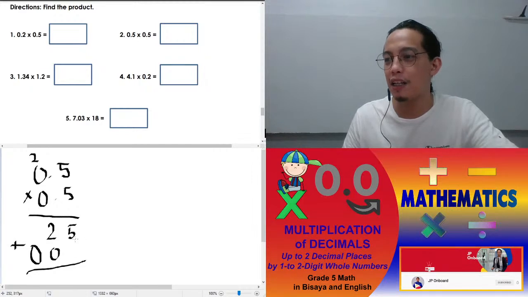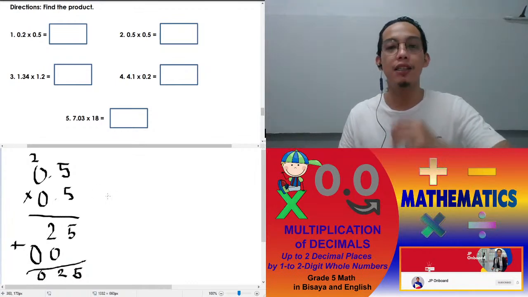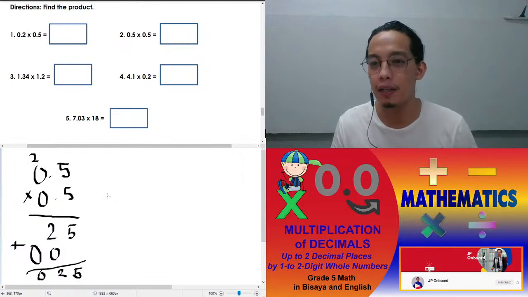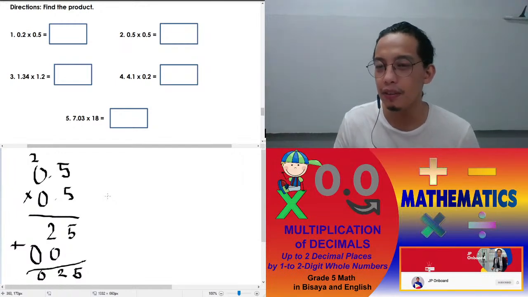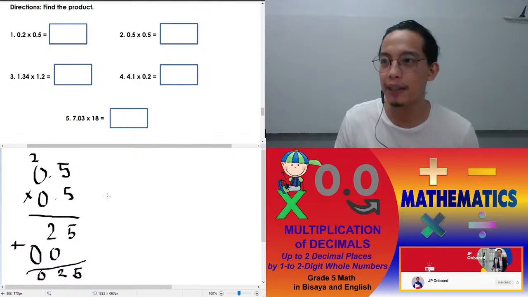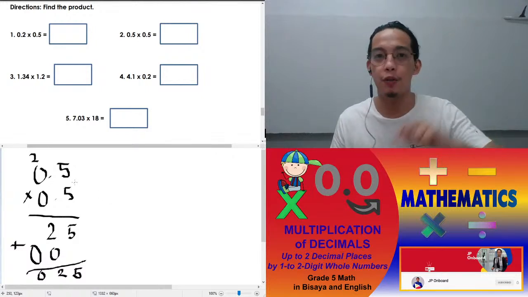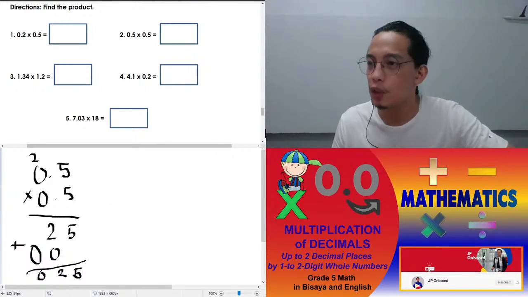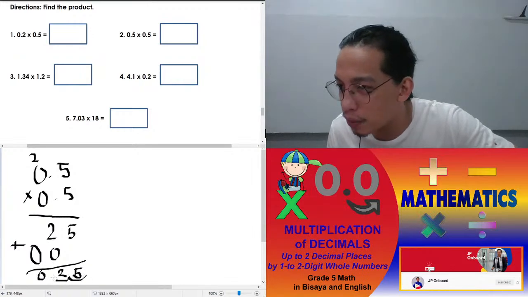Then you add it, carry 5, bring down 5 here, 2 plus 0 is 2, and bring down 0. Let's count the number of decimal places. 0.5 has 1, another 0.5 has 1, so 2 in all. We count 1, 2, so the answer is 0.25.